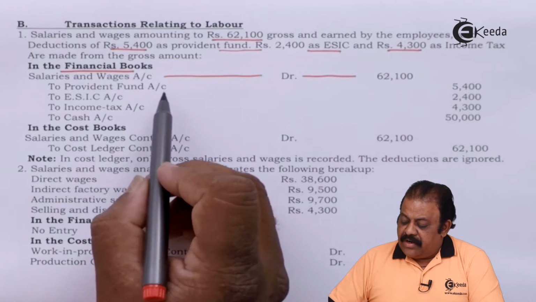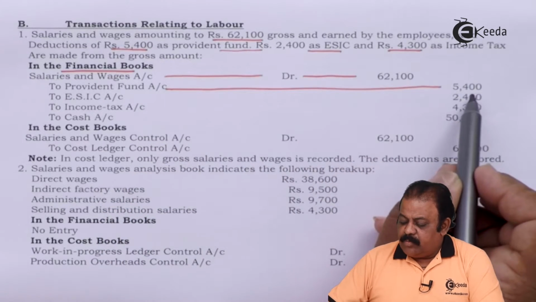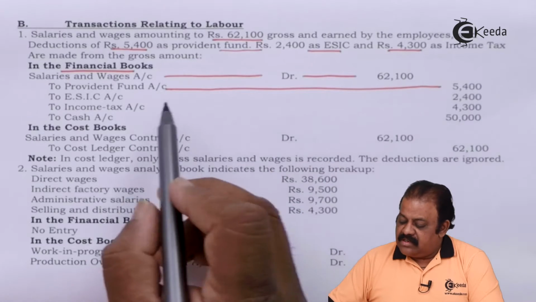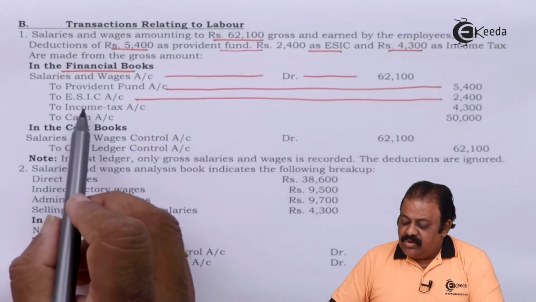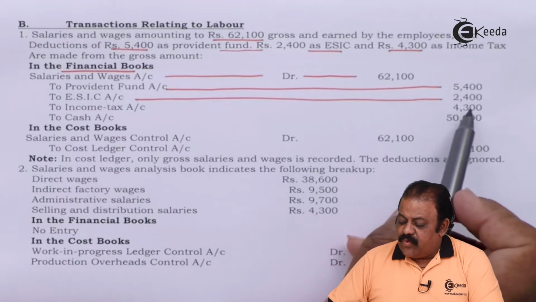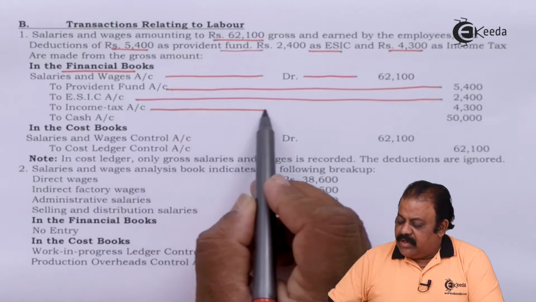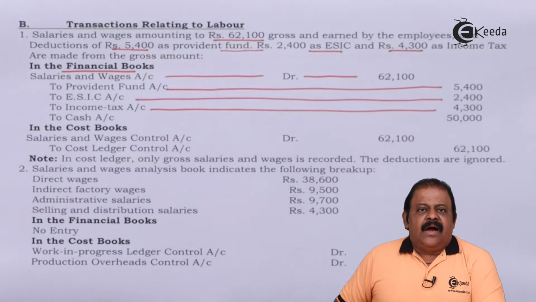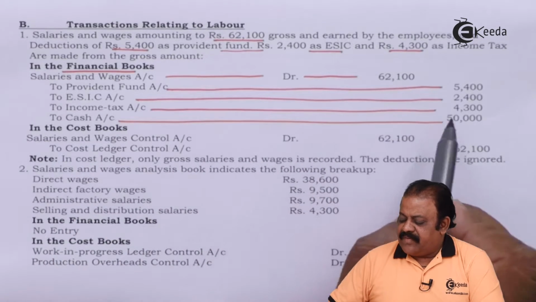Employees' contribution to provident fund will be credited to provident fund 5,400. ESI contribution of employees credited to ESIC account 2,400. Income tax deducted from the salary, TDS, will be credited to income tax account. And the amount actually paid to the employees, that is the net payment, will be credited to cash bank 50,000.